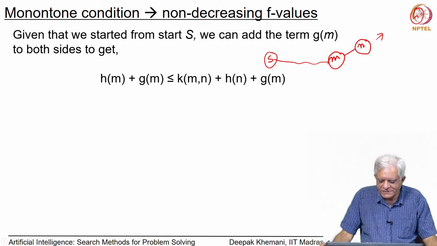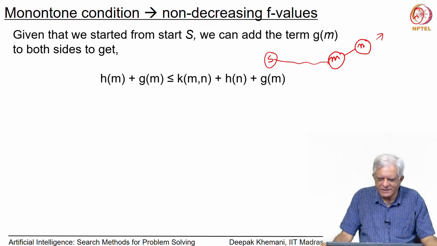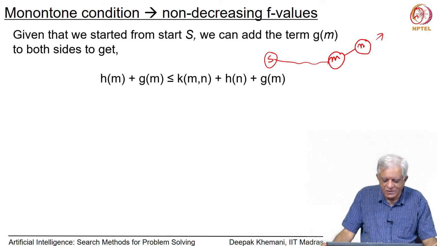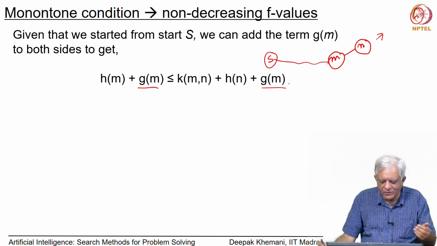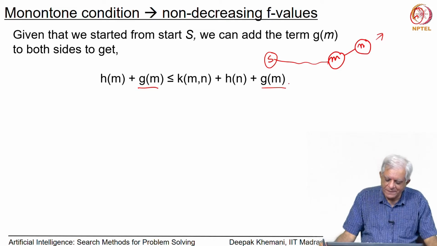So, since g of m is the cost of coming from s to m, it is just a number, we can add it to both sides of the inequality that we had and rearrange the inequality, and what we will get is that h of m plus g of m is less than or equal to k of m n plus h of n, and we have also added g of m to both the sides essentially. So, first we moved h of n to the right, and then we added g of m to both sides, and obviously this inequality must hold as well.